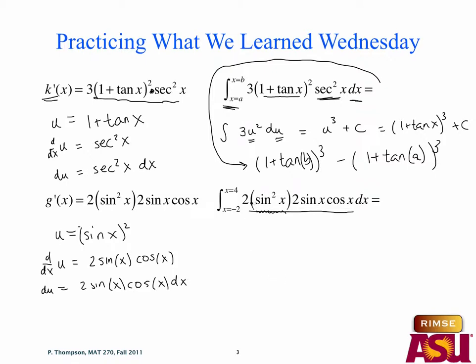So if I wanted to rewrite my original integral in terms of u, hopefully it'll look simpler, right? Let's go ahead and do that. So I've got a 2 times u, and then 2 sine x cosine x dx. That's right there. So that's just du.